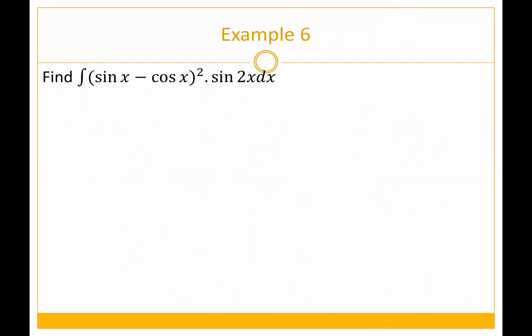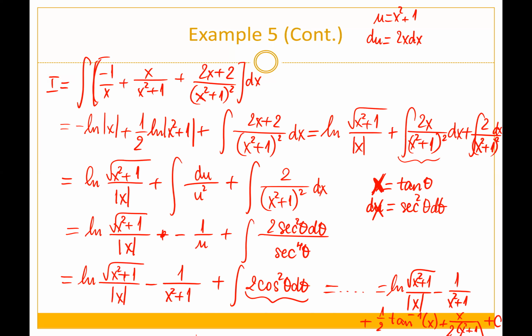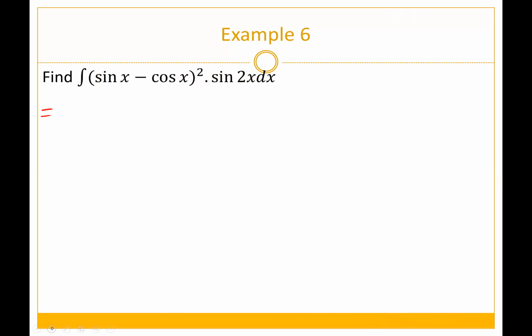Now I have the last example, and this is showing what I mean when I say you don't need to go too hard on some problems. There are problems that you can solve easily without using any kind of technique, and this is one of them. Here we have the integral of (sine minus cosine) square times sine 2x dx.